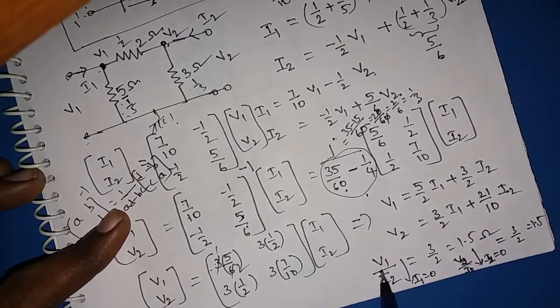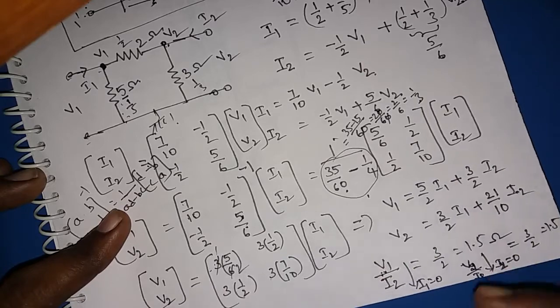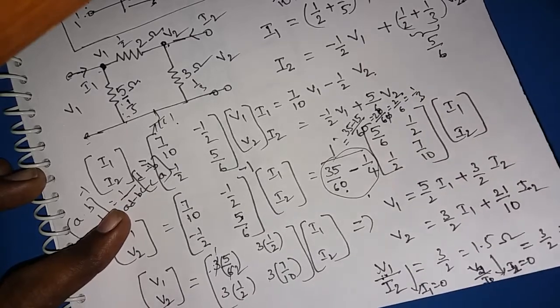So here I calculated the value of V1, but there I need to calculate the value of induced EMF. So that is the concept of mutual impedance and mutual inductance.